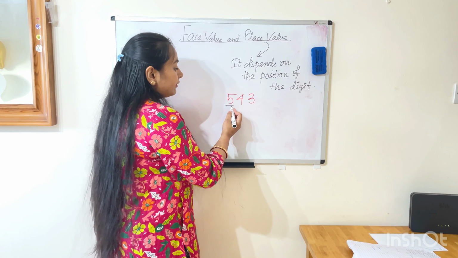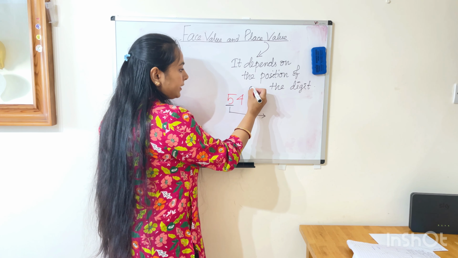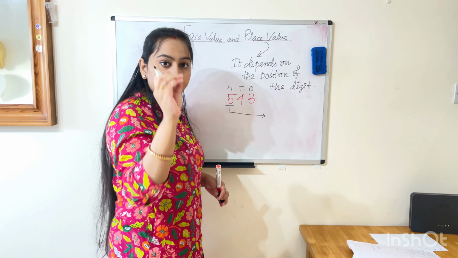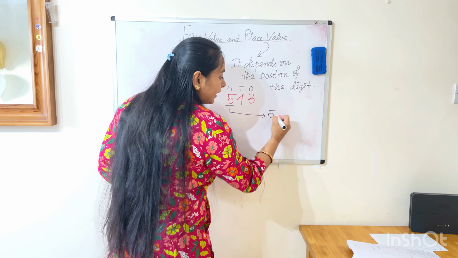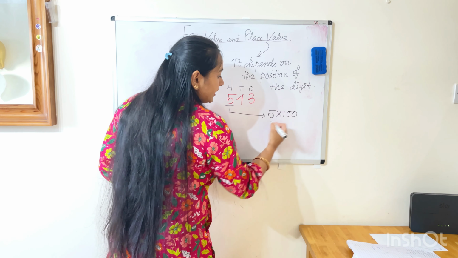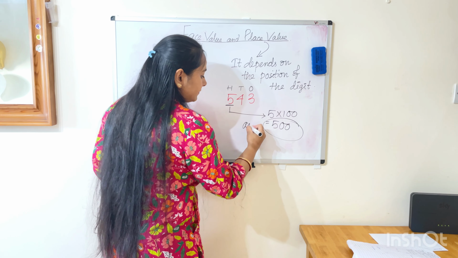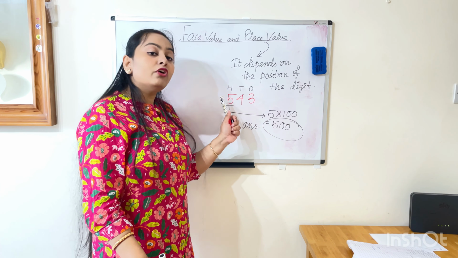So 5 remains at what position? See, 1's place, 10's place, and it's at the 100 place. So 5 is at the 100 place. So 5 should be multiplied with 100, we will get 500, and that is your answer, right? So 500 is the place value of 5.